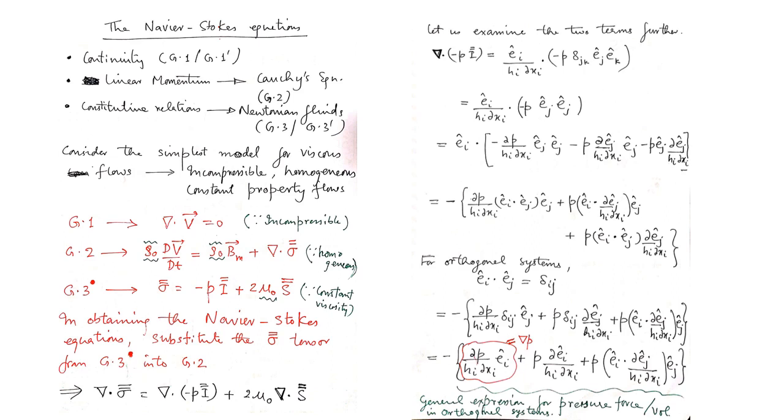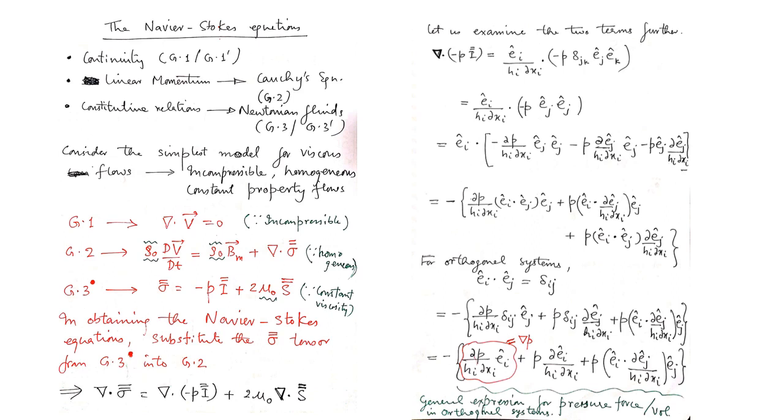So it means that the divergence of the stress tensor can be expressed as divergence of the isotropic part, which is minus P times the identity tensor, I tensor, written as I double bars, plus 2 mu naught times the divergence of the strain rate tensor.